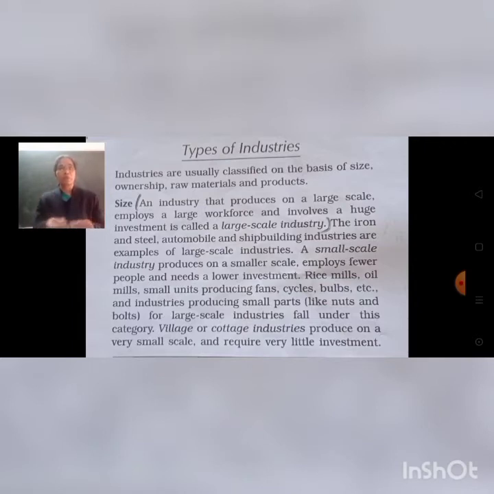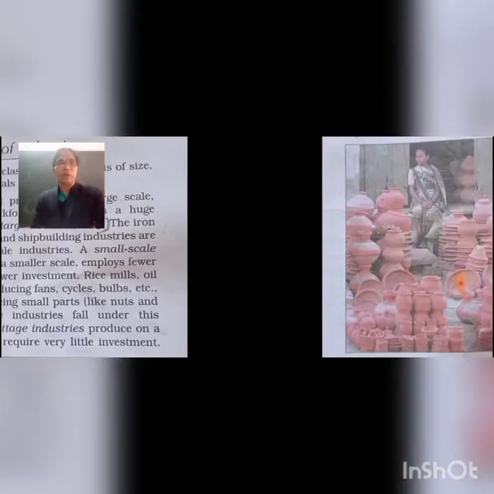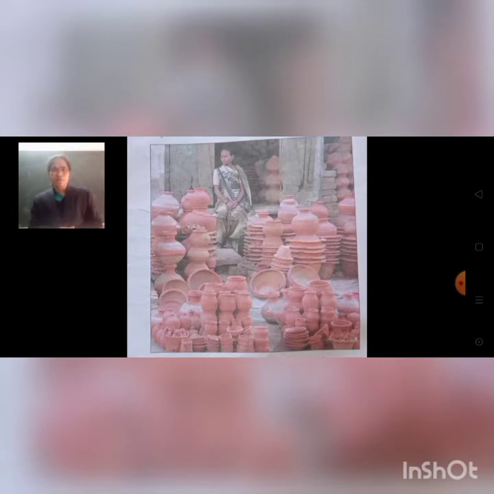You can see one picture here, making and selling pots in a cottage industry. Making of pots is a cottage industry, and here, unlike large scale industries, that many laborers or that much capital is not needed to invest.